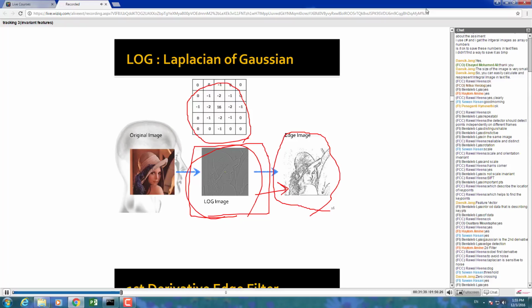By the way, in the SIFT algorithm, we are using a LOG kind of image, but we are not using the edge points themselves. So we don't do zero crossing. Whenever we talk about LOG, that is the second image, not the third one, not the edge itself.